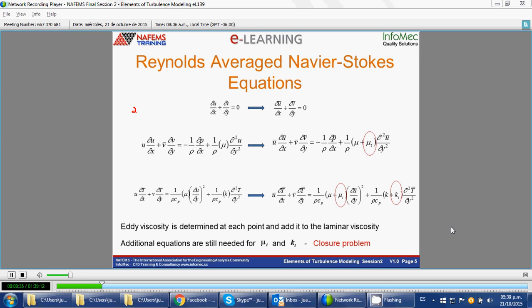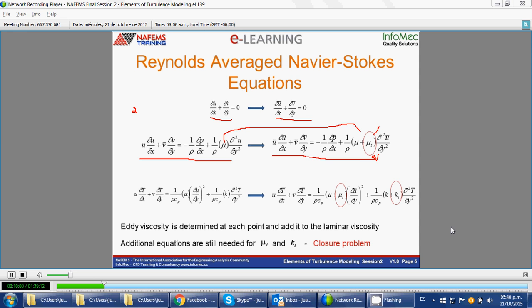If you look at it, our continuity equation looks exactly the same. Our momentum equation looks very similar, except mu has mu plus mu t. This is where we added this additional term because of that Reynolds stress term. This is the additional unknown that we added.